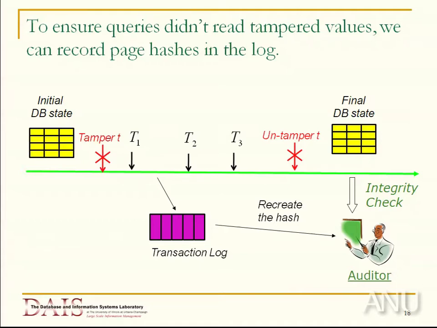We just sort of trust that what we read is correct, but in some situations maybe you really care that what you read is correct and you want to make sure these tamper-untamper attacks can't happen. Well, there are two ways you could guard against this attack.